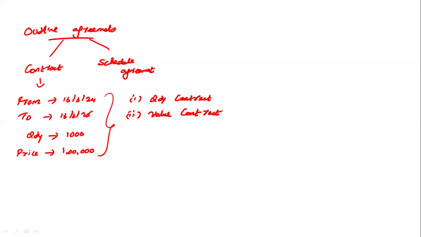If I just take an example, if I place a quantity contract, I'll place it for 1,000 pieces of material M1. Assume that this material is just 100 rupees. When you're placing a quantity contract, you're placing it for 1,000 pieces. Per piece price is 100.